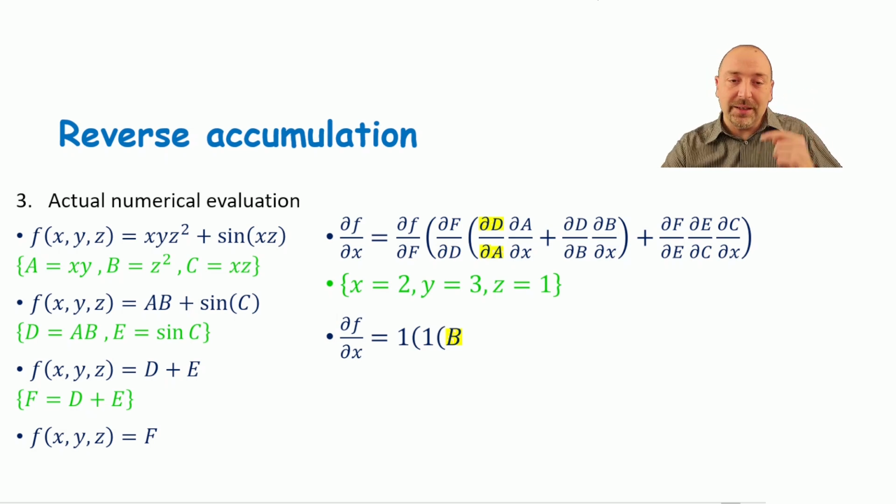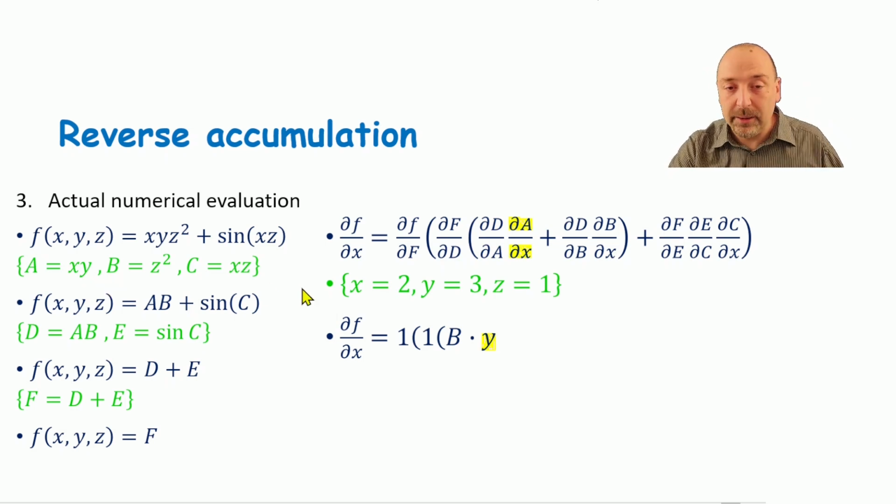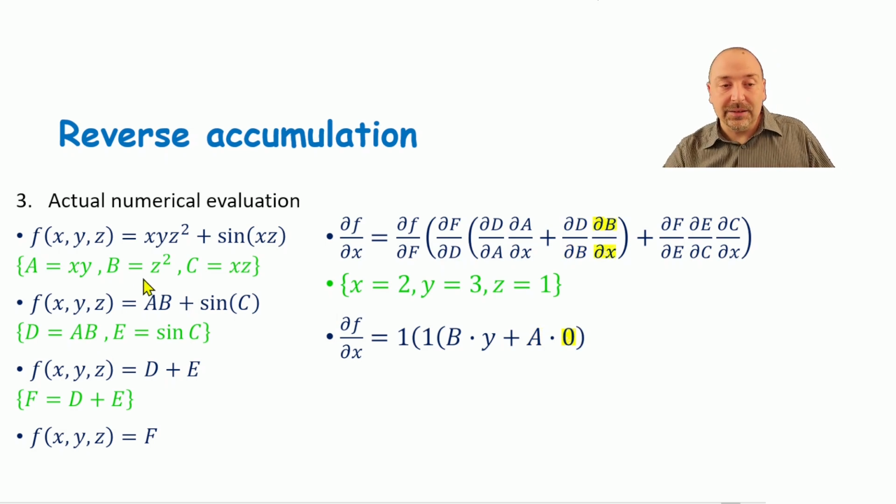Partial derivative of capital D in capital A. Now, D is equal to A times B, so the derivative will be B. Finally, the derivative of capital A in X: A is X times Y, so it's just Y. Again, derivative of D over B, that is the product A times B, is going to be A this time. And derivative of B in X, since B is Z squared, is constant, so the derivative is 0.